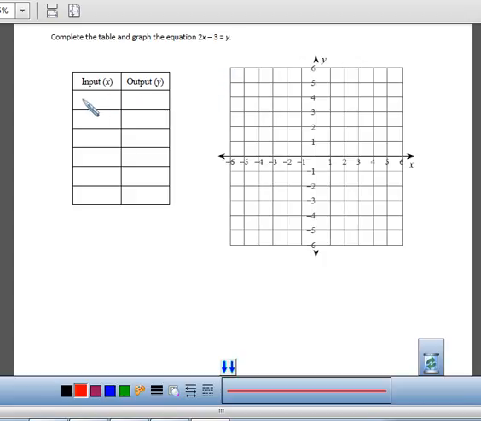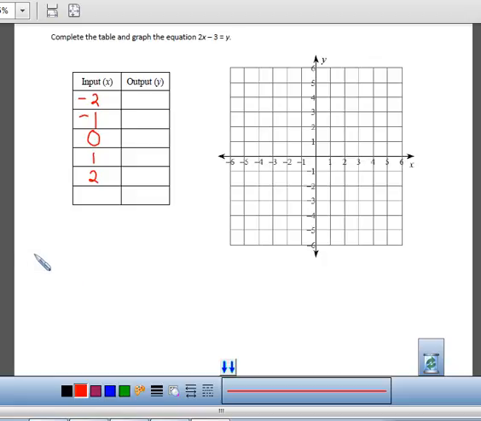Now if they give us a blank table like this, usually you start with -2 and go up to +2 to see what the values are, just as a guess. If these y values won't fit on your graph, you may have to adjust this and do different numbers. But we're going to use -2 to +2 and see what happens.